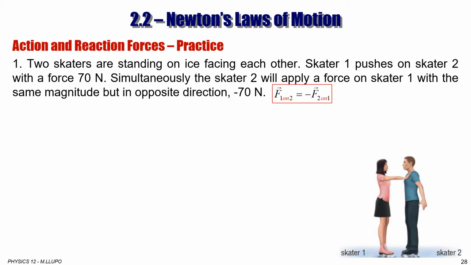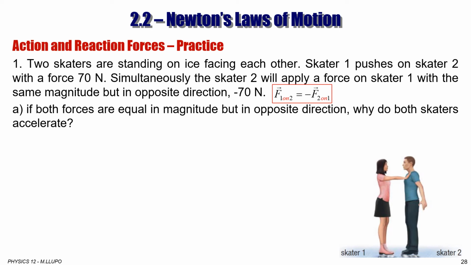So we know that force 1 on 2 is equal to minus force 2 on 1. The question is, if both forces are equal in magnitude but opposite in direction, why do both skaters accelerate?